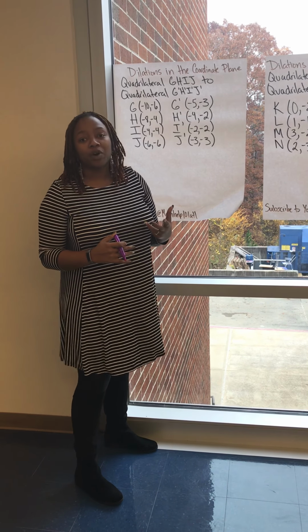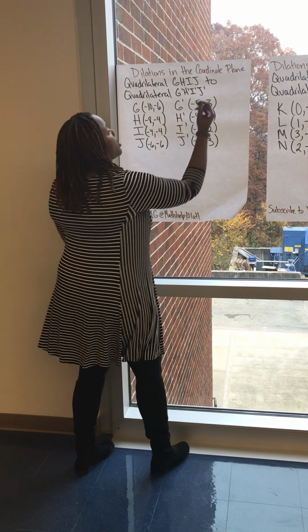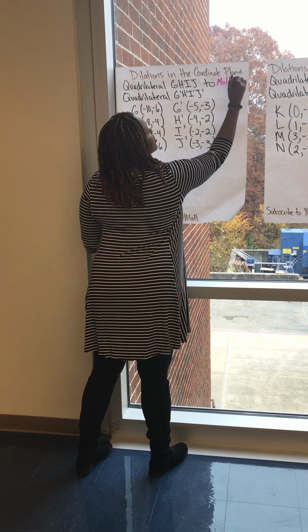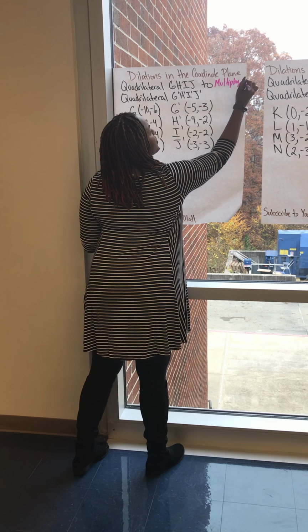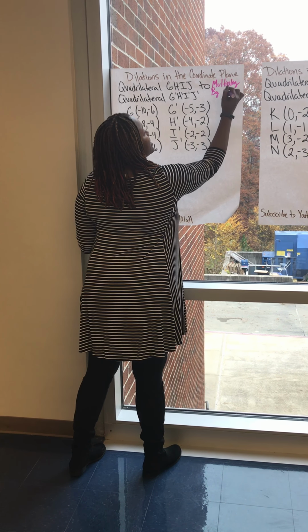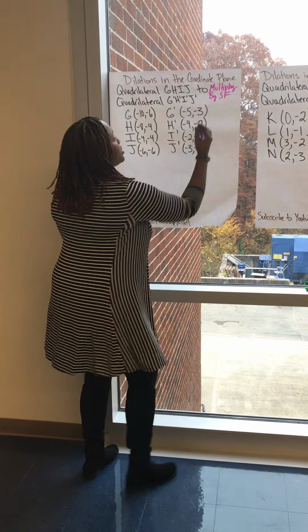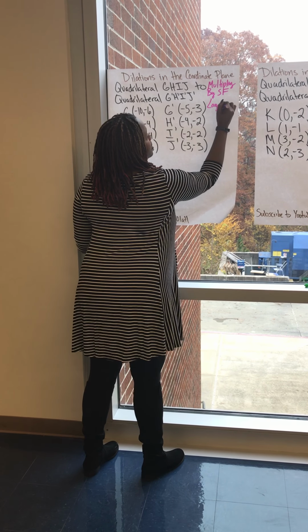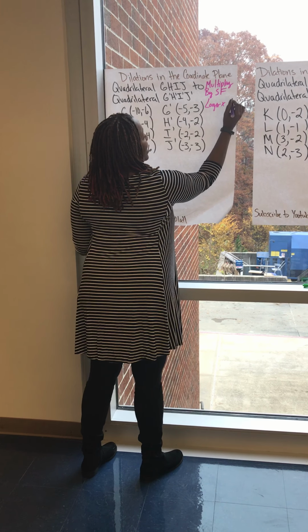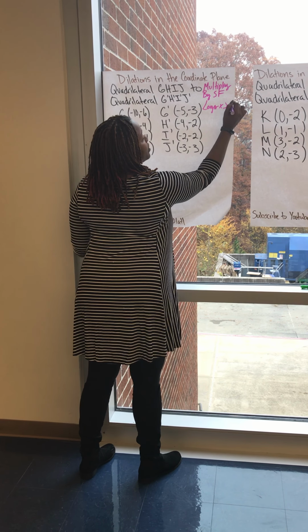So we know that when we're working with dilations, we're multiplying by a scale factor, okay? Now, if your image is getting larger, you multiply by a scale factor that is greater than 1.